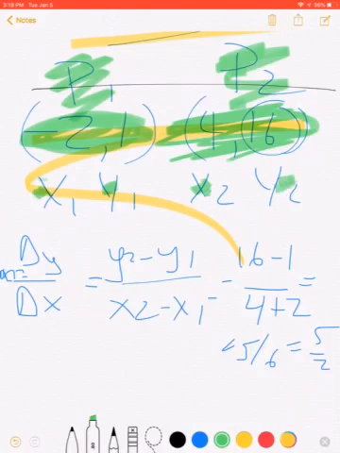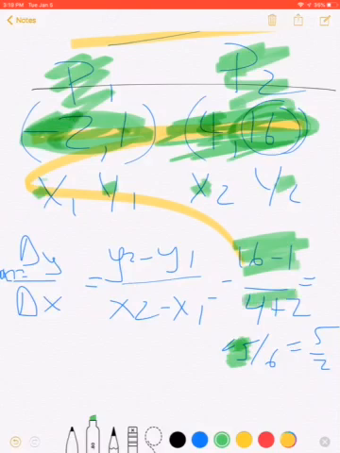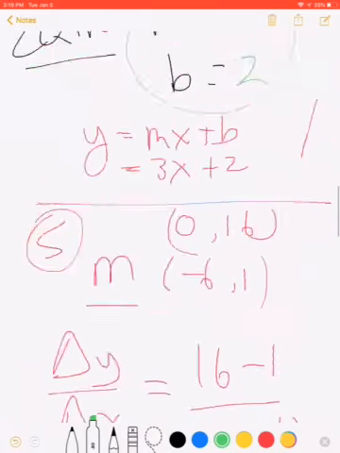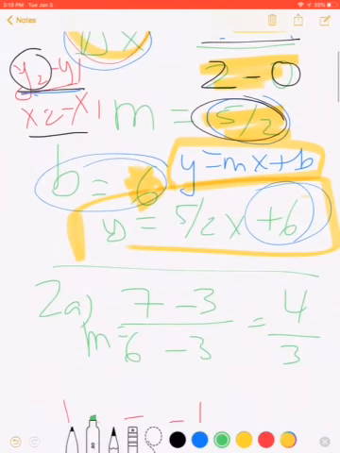So when you look for m here, you go 16 subtract 1, which is 15. That's a 15. And then when you do the bottom, it's going to be x2 subtract x1, so 4 subtract -2. Be careful with that. 4 subtract -2 is 4 plus 2, which is 6. So you have 15 over 6, which is 5/2. And that's what we got over here. So it's the same thing.